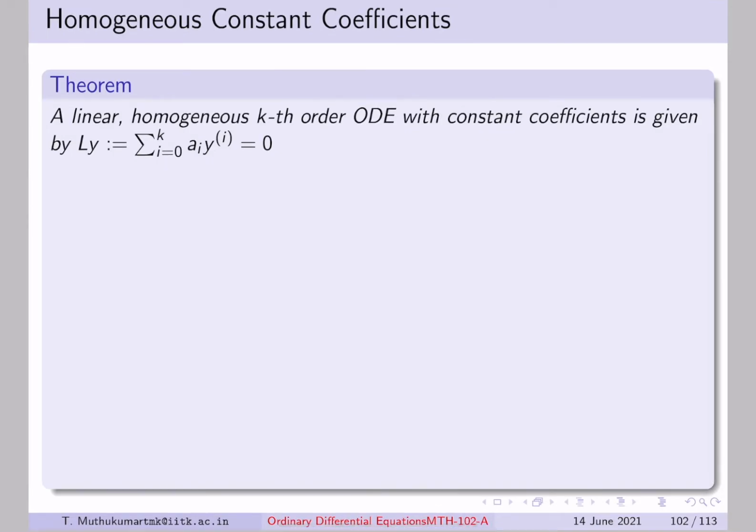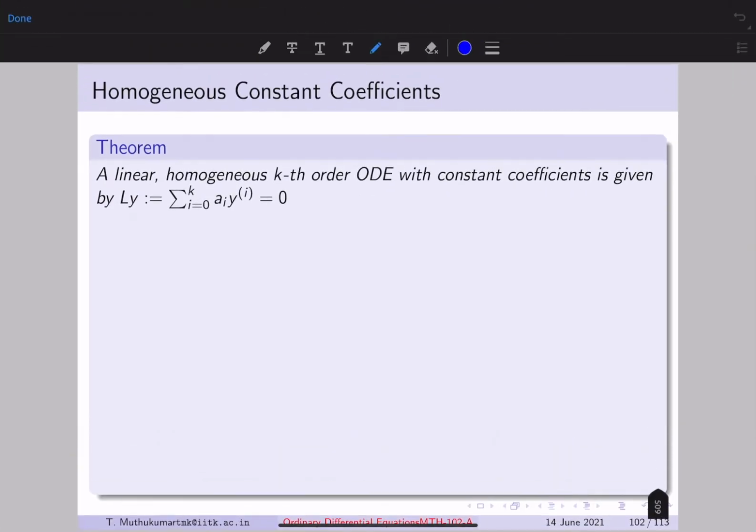So we have a kth order ODE, linear in y, homogeneous, so F is 0, with constant coefficients, which means these ai's are all constant.